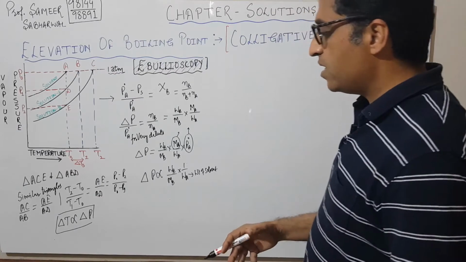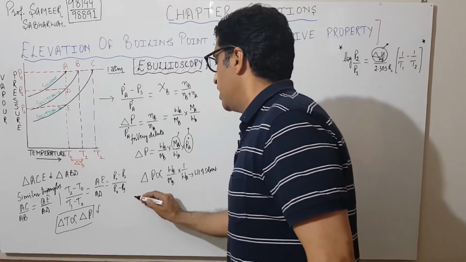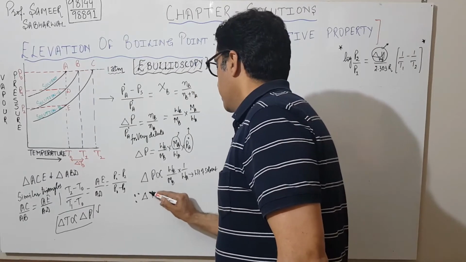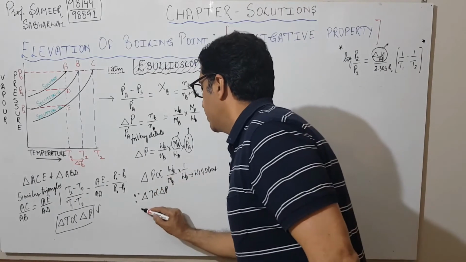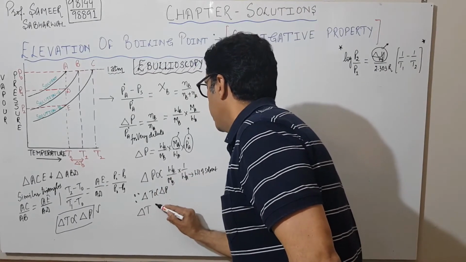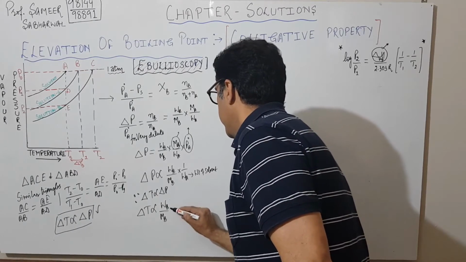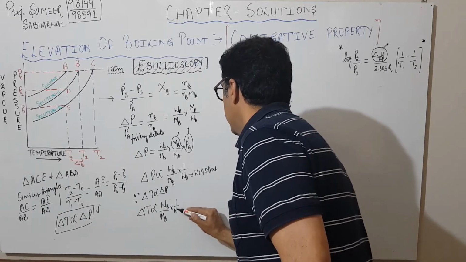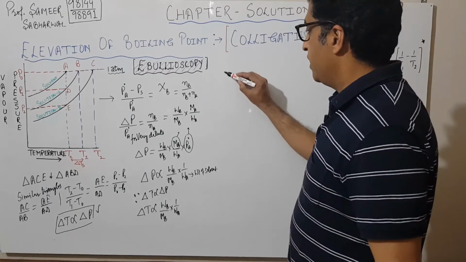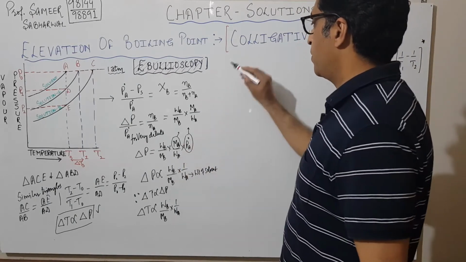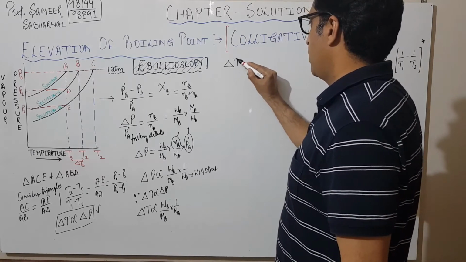Now since we know delta T is proportional to delta P, instead of delta P, I can put delta T proportional to WB by MB into 1 by WA. So the term is very clear that now if I remove this proportionality sign, I can replace it by some constant.